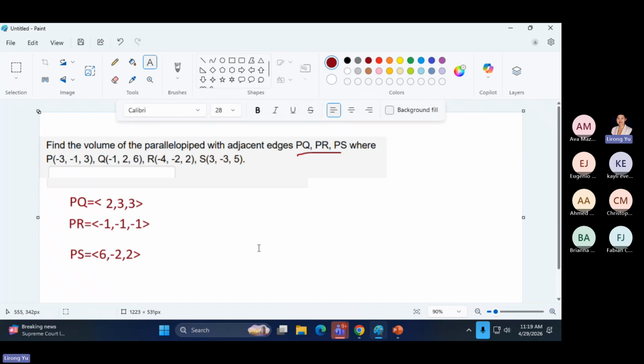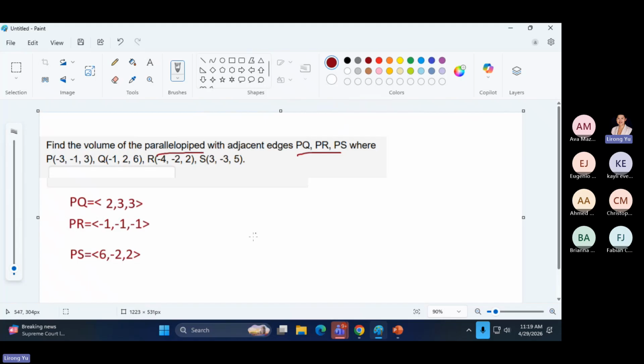Those are the three vectors that are the edges of the parallelepiped. It's kind of like this. I'll just draw the sides. Suppose this is P, this is Q. Then you have one side as PR, and another side as PS. It doesn't look three-dimensional, so I would just hypothetically envision it.